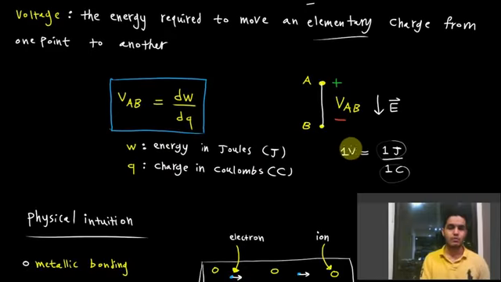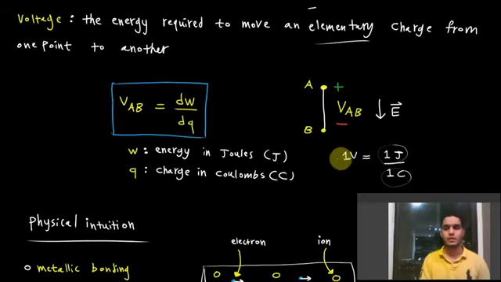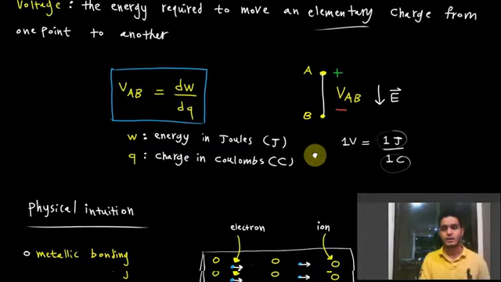If you have 1 volt, that is equal to 1 joule of energy per 1 coulomb of charge. So 1 volt is equivalent to spending 1 joule of energy for moving 1 coulomb of charge from one point to another.